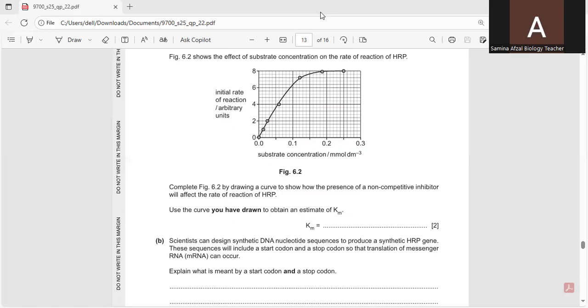It will start right from here, and we draw it in this way. The rate of reaction will be changed a little, but the Michaelis-Menten constant will remain the same.